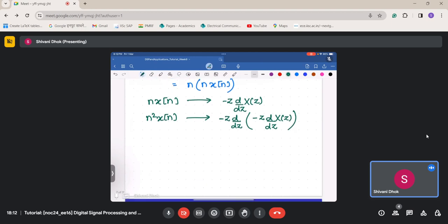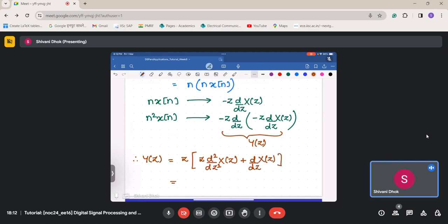So now we can apply the chain rule. This quantity here is our Y(z). Therefore Y(z) is equal to z, and inside the bracket it will be z into d2/dz square X(z) plus d/dz X(z).